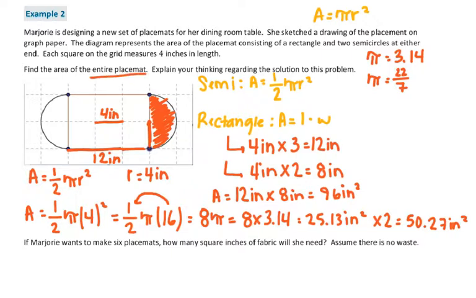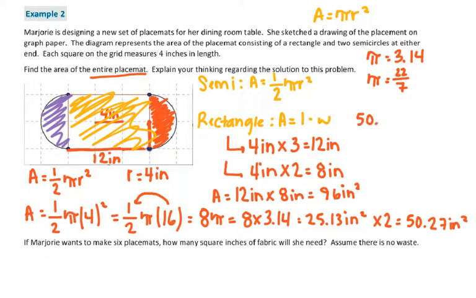Now remember, she's asking us to find the area of the entire placemat. So now we know the area of each of these shapes inside the placemat. And so all we need to do is add those three areas together. And we actually combined the area of those semicircles into just one area. And that was 50.27 inches squared. And so now we're going to add to that the area of the rectangle, which was 96 inches squared.